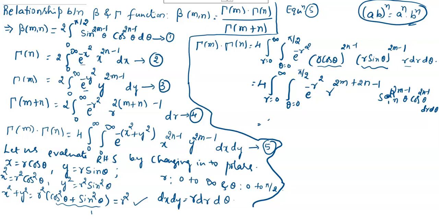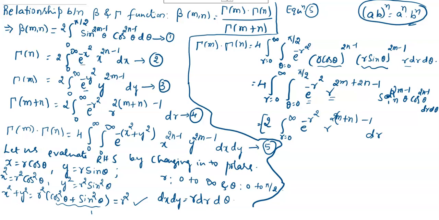So twice the integral r equal to 0 to infinity, we have here e to the power of minus r square and r to the power of 2m plus 2n minus 1. Shall we write this as 2 of m plus n minus 1 into dr?